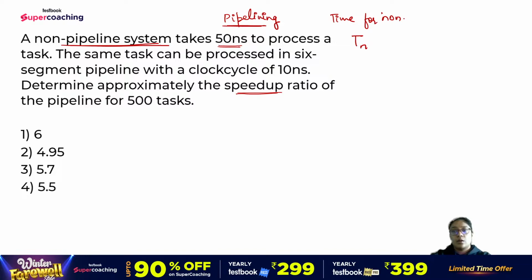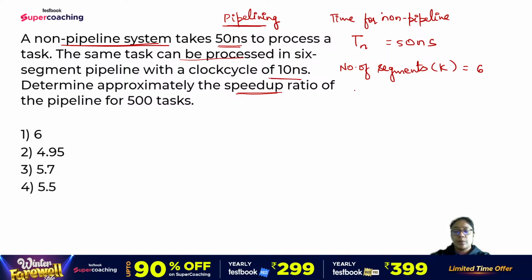N means non-pipeline. So it is taking 50 nanoseconds. The same task can be processed in a 6-segment pipeline. That means the number of segments is given to you. I'm representing the number of segments with K. There are 6 segments with a clock cycle of 10 nanoseconds.